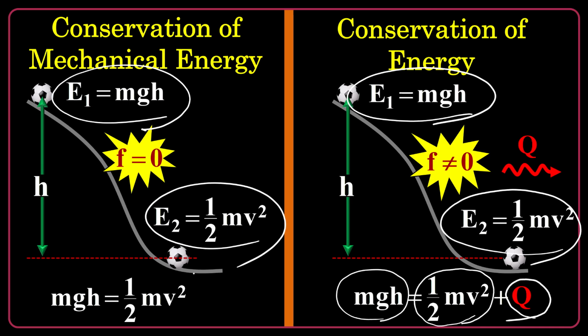So we receive the total mechanical energy at the end equal to the total mechanical energy at the beginning. It's a very idealized case. So in all problems in physics, we can use conservation of energy. But using conservation of mechanical energy is a very specified and idealized case in which the frictional forces are ignored.